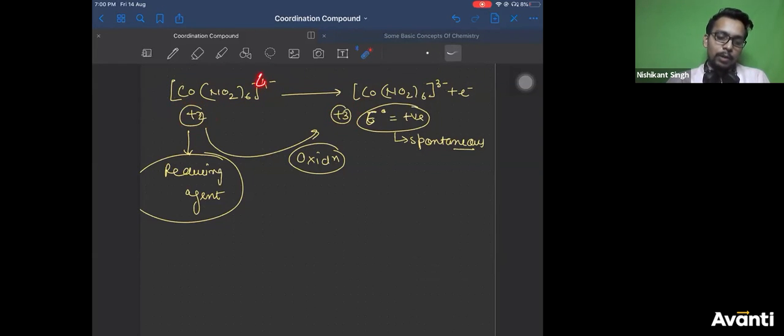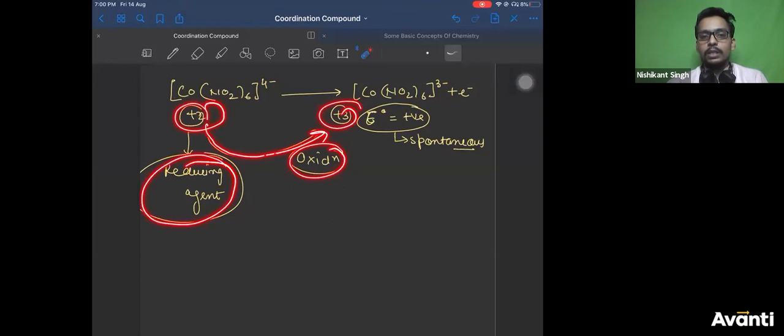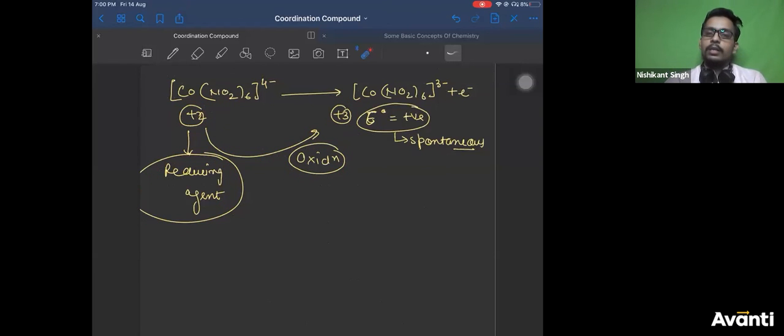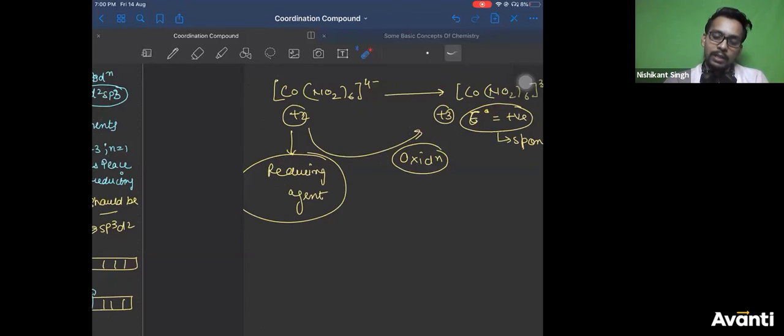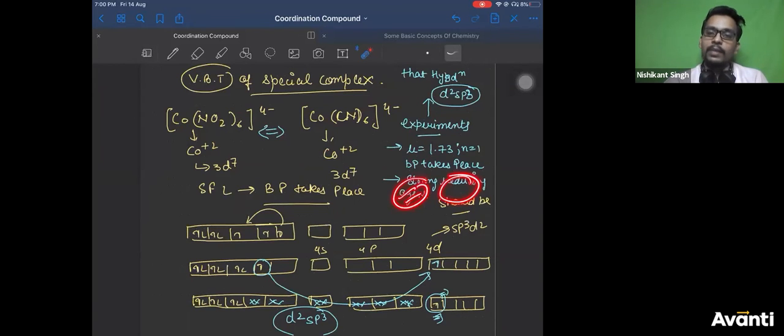So we saw whether it can lose an electron or not. We got a positive E naught value here. We know from electrochemistry, if E naught is positive, the cell reaction is spontaneous. That means it can spontaneously get oxidized. If it can undergo oxidation, that means it acts as a good reducing agent. Is that clear, Chetan? That is how we explain this experimental observation.